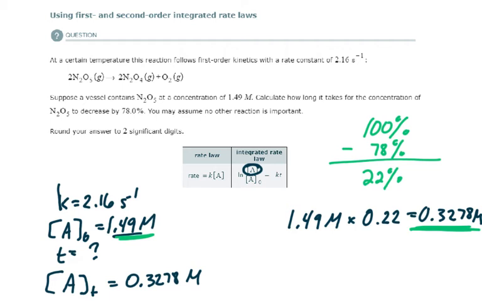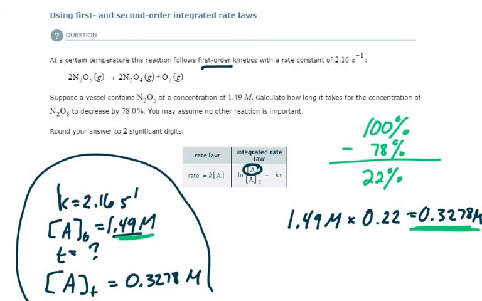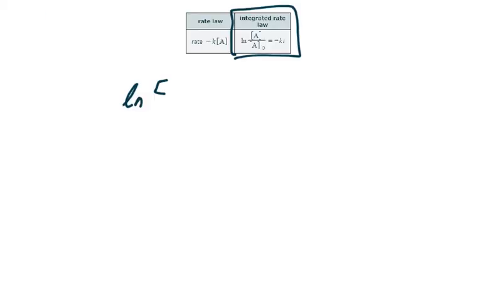So now that I have these givens, we've listed them out, let's plug them in to the integrated rate law for a first order reaction and solve for t. So we have the natural log of A, and that's A at, see, it's not initial, but it's A at that specific time, which is 0.3278 molar.